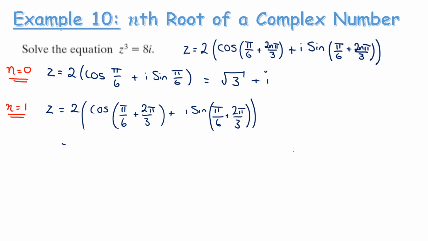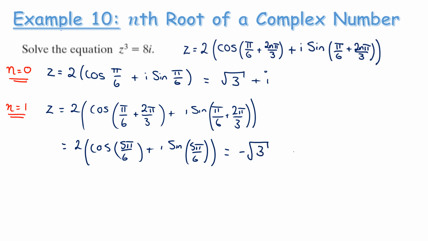And if we were to clean that up, it ends up being 2 cos 5 pi over 6 plus i sine 5 pi over 6, and then into the calculator, and we'll be able to work out that's minus root 3 plus i. That is n equals 1. And the last one we're going to do is n equals 2.